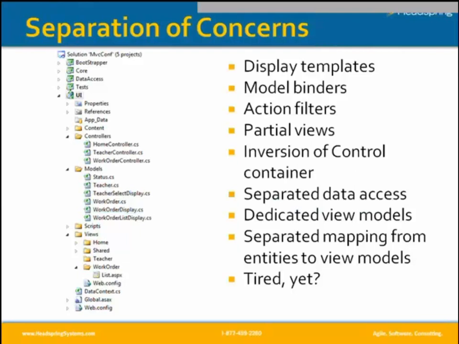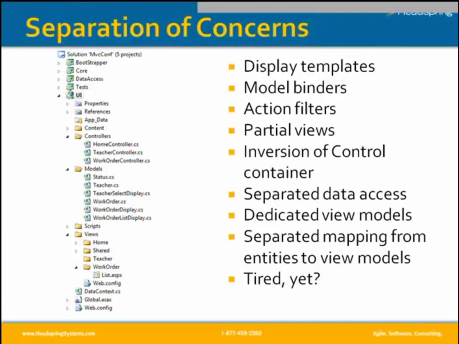And then we would have to have some dedicated view models that match up to the screen, because our core entities don't match up to the screen. Our core entities are DRY. They're very normalized. And so we need some view models. You see teacher select display, work order list display, those that match up to what the screen actually needs to show, and we can map from there.